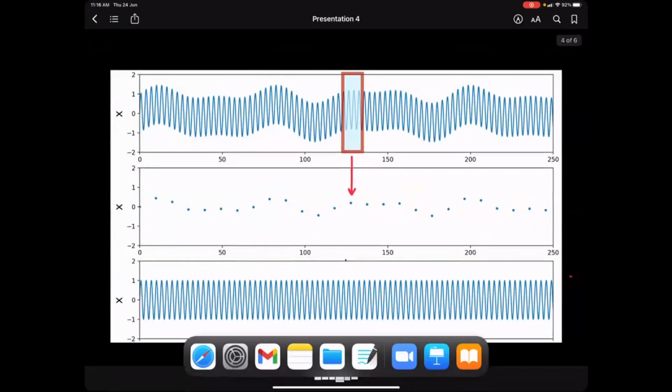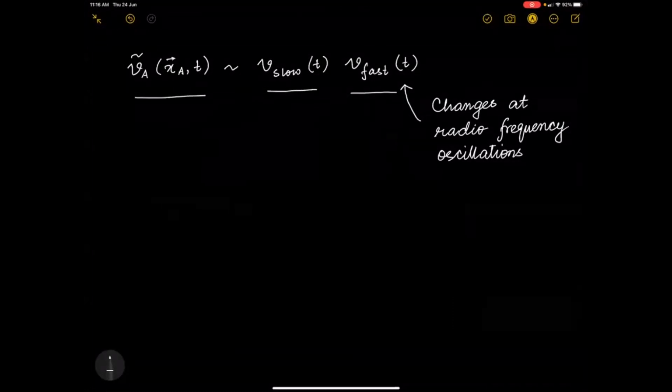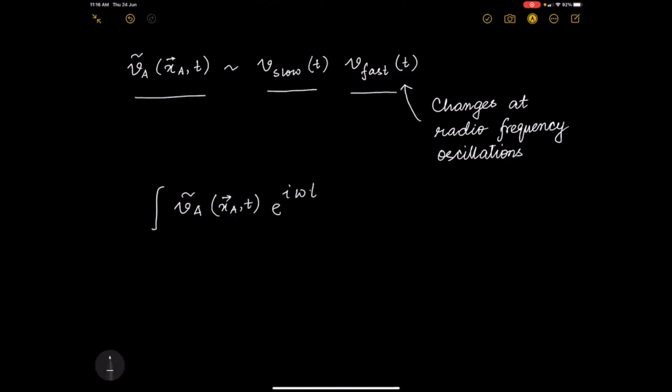So to get the frequency content of the signal, what I have to do is not just average, but average with a Fourier transform kernel, which is essentially this. And then you do this operation over a window. The integration is just over a time window, which has a width of tau s.